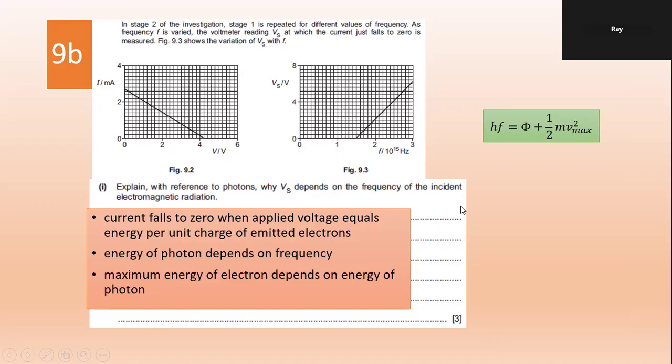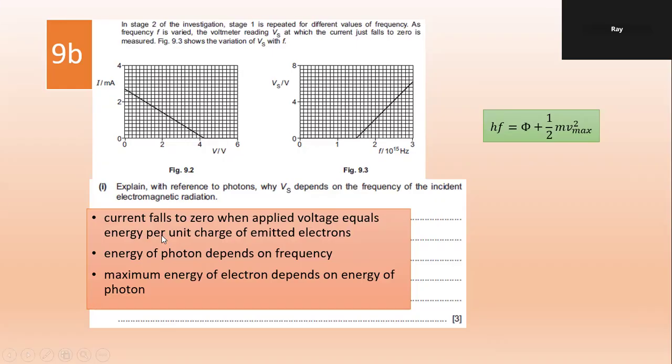Maximum energy of electron depends on energy of photon. Right? This one is constant. That one depends on this frequency. Can you understand the answer? Yeah, quite.